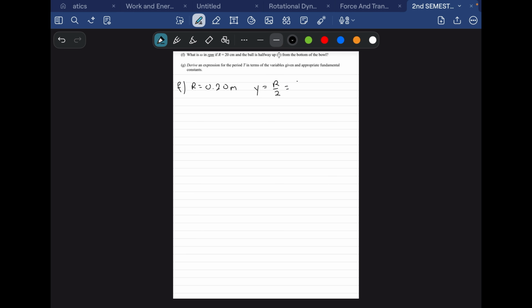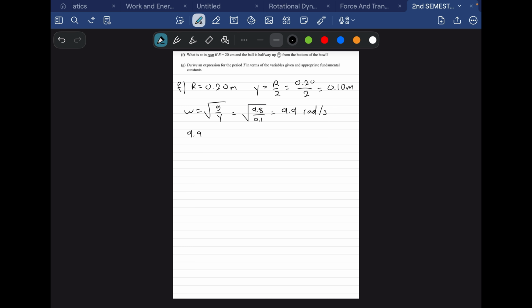And that should be 0.2 meter over 2, which is 0.1 meter, right? So we know that angular velocity is equal to radical G over Y. And I'll plug in the numbers: 9.8 over 0.1, which is 9.9 rad per second.